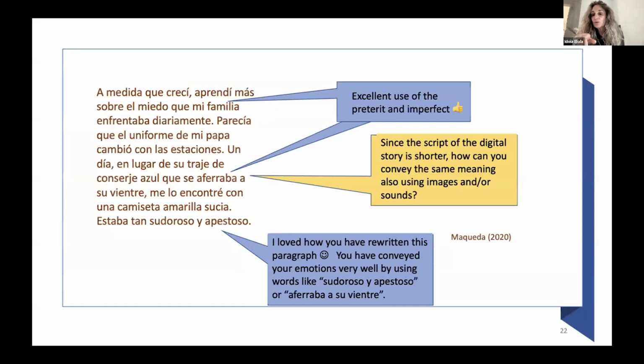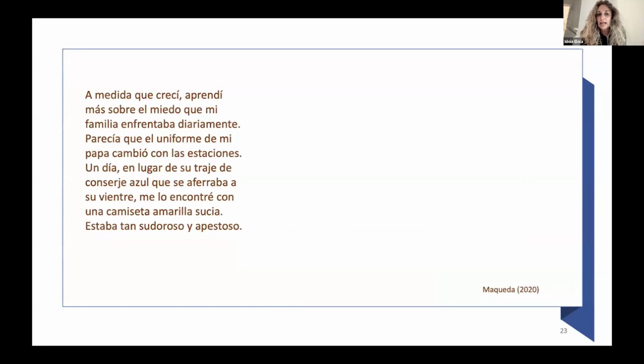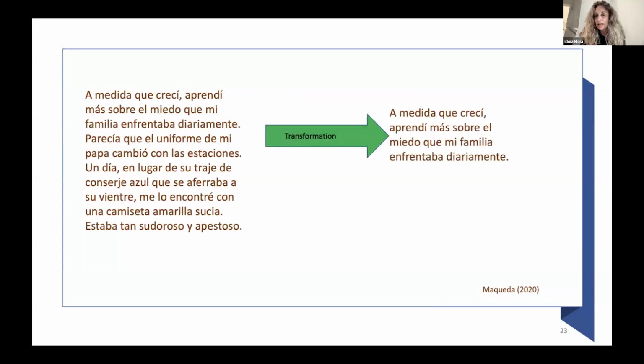But we're also using this time to talk about what's coming next, because they're going to write a digital story. Since the script of the digital story is shorter, how can you convey the same meaning also using images and or sounds? Remember, this particular text is 53 words, and it changes into 14 words. There was a reduction of 73.6% from the narrative essay to the written script.